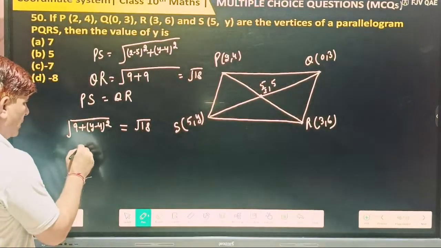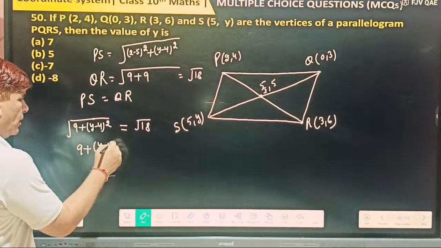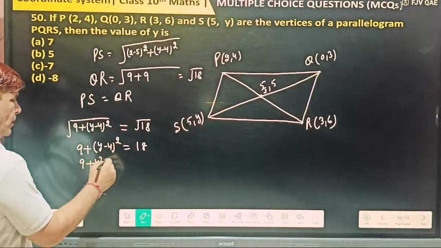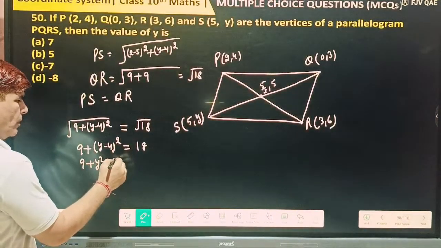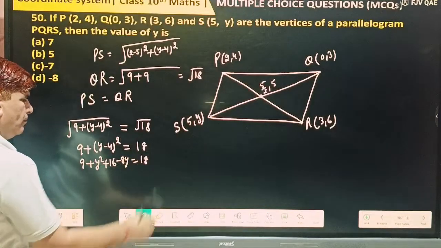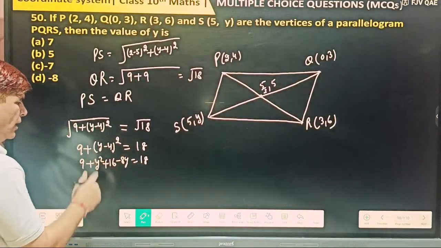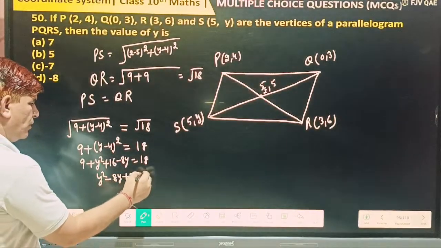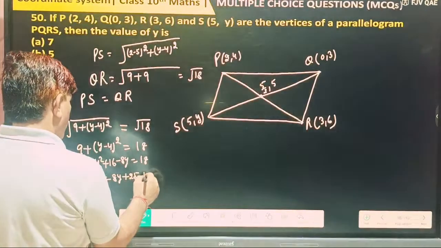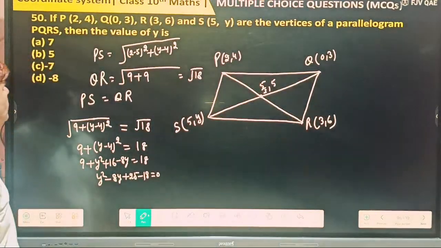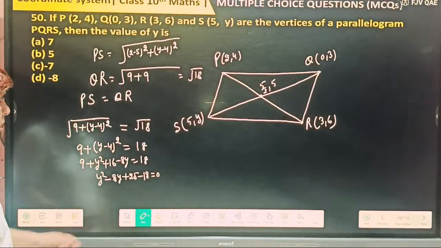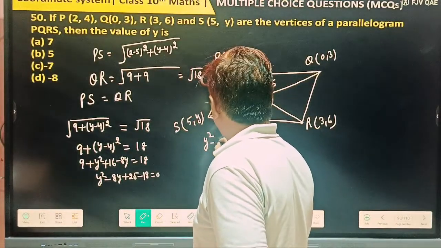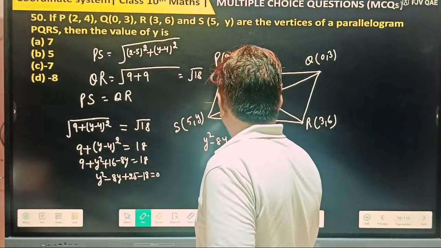Squaring both sides, 9 plus y minus 4 whole square equals 18. 9 plus y square plus 16 minus 8y equals 18. 25 take to that side, so y square minus 8y plus 25 minus 18 is equal to 0. So this becomes y square minus 8y plus 7 equal to 0.